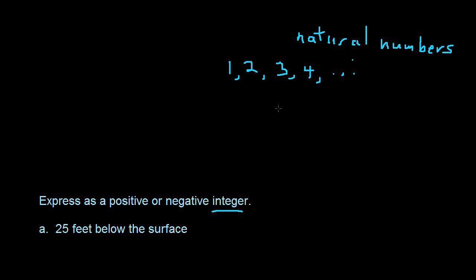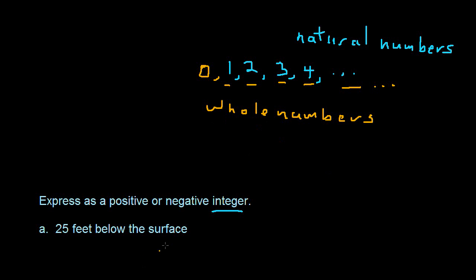Now if we add just one number to this, the number 0, then all of the counting numbers and 0 are called whole numbers. So whole numbers are 0 plus all of the natural numbers: 0, 1, 2, 3, 4, on and on.